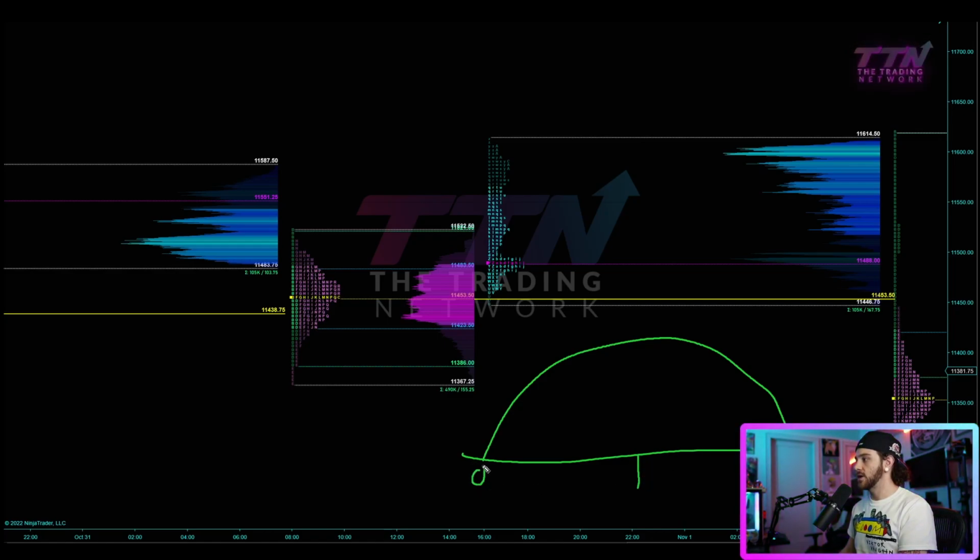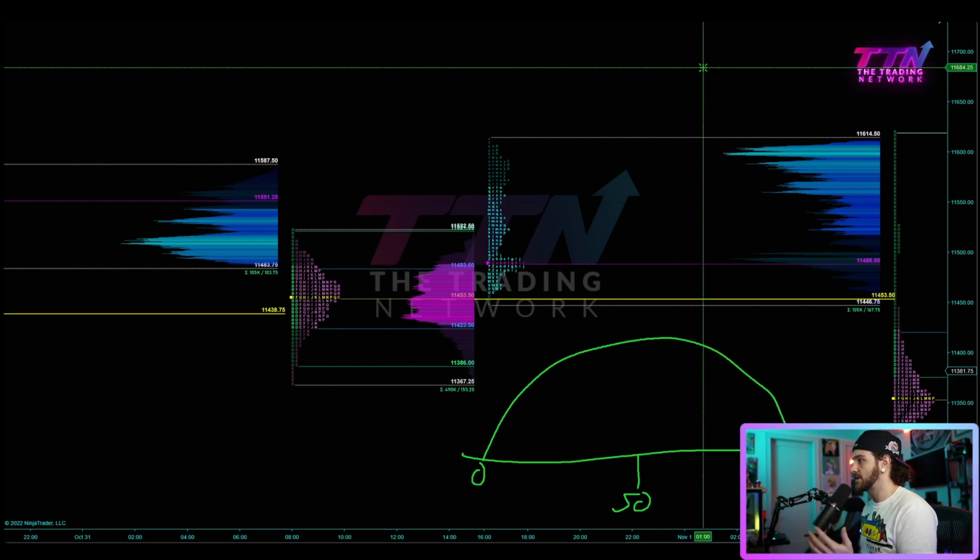If you guys are already using the profile, then you should be familiar with the gap up, gap down, all this lingo. If you're not familiar with the profile, I want to encourage you to study as much as you possibly can and really take a deep dive into the two-way auction process that is market profile analysis.